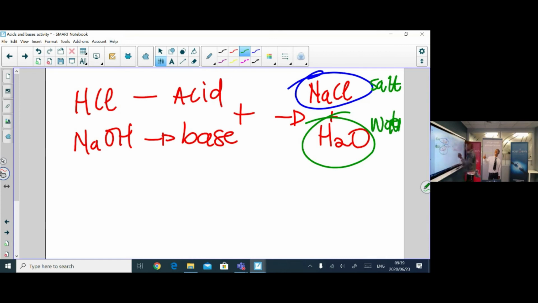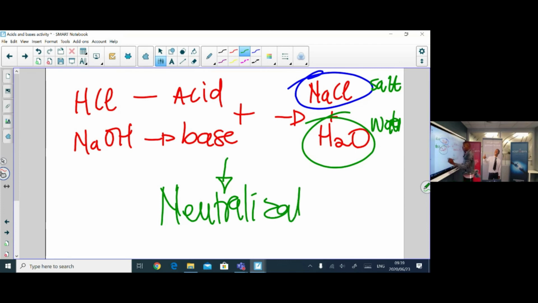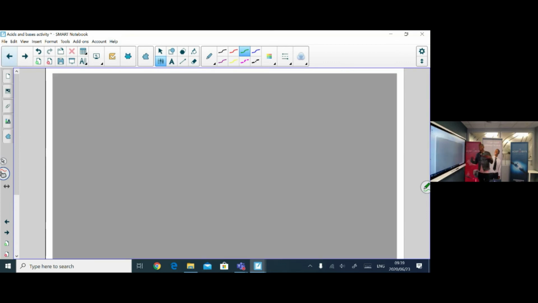And we say this reaction is neutralization. They neutralize each other, either the base neutralizing the acid or the acid neutralizing the base. Whatever acid, whatever base, when they meet, they will neutralize to form salt and water.